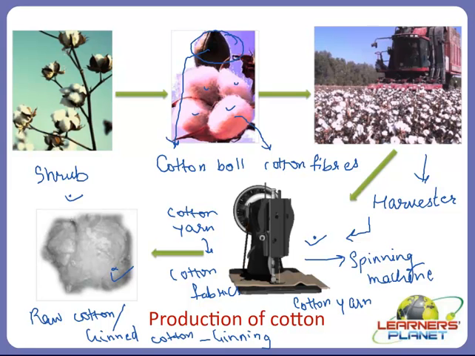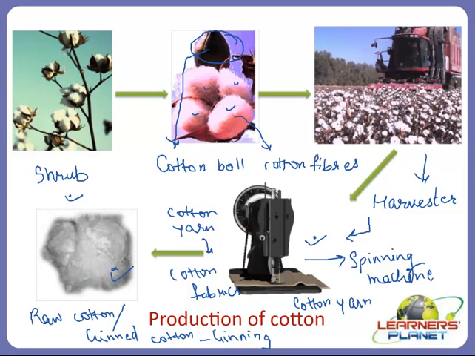So the harvester is the machine which harvests the crop, after that the fibers are spun using spinning machines to make a cotton yarn, and then this yarn is woven to make cotton fabrics.